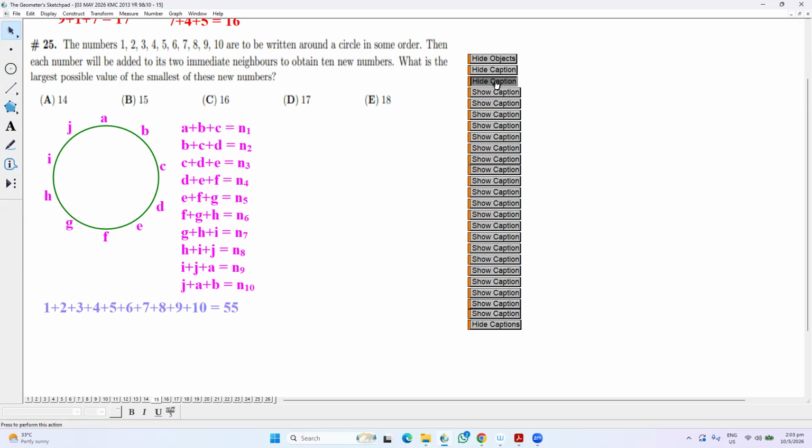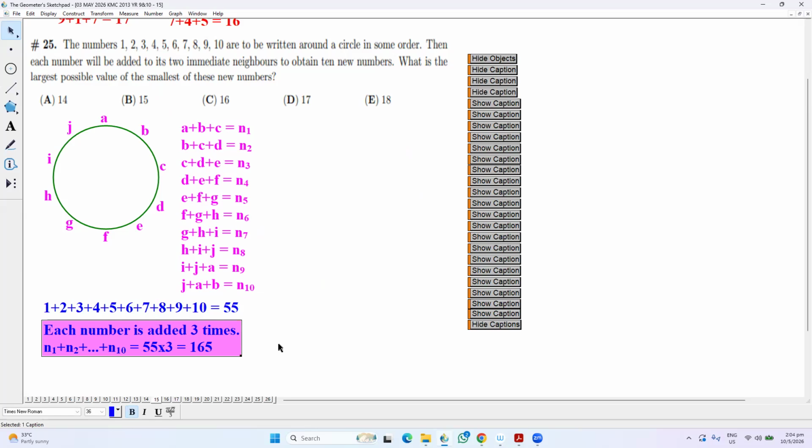We know the 10 numbers 1 to 10, the sum is 55. And each number is added 3 times. So the sum of the 10 new numbers is 55 times 3, which is 165.